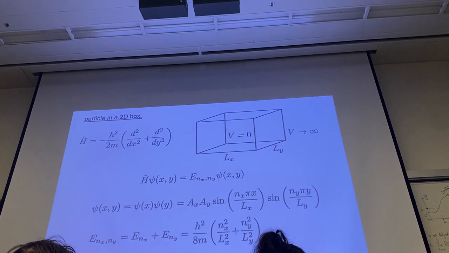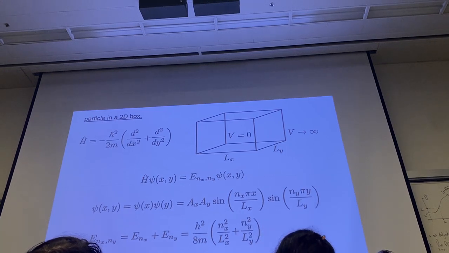In this way of writing, I simply extracted the constants h, 8, and m, because those are the same for both x and y. So this is a very convenient way of writing the energy of a given two-dimensional wave function in a two-dimensional box.